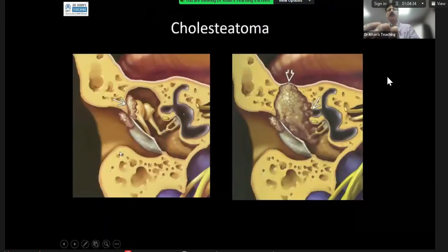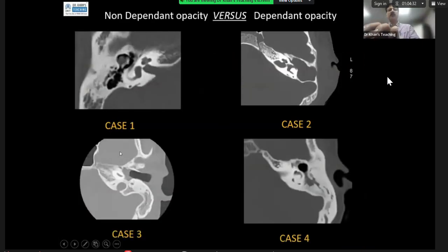The main thing to remember is non-dependent opacity with bony destruction. Now look here, candidate 1. If I tell you that this is a cholesteatoma, can you prove me right? Sorry, candidate 2.